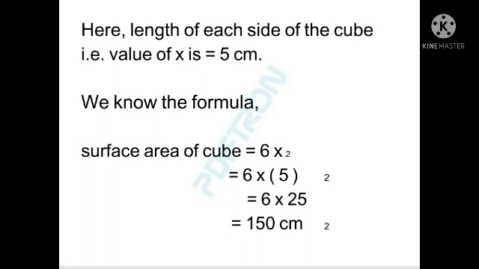On substituting the value of x here, what did we get? 6 into 5 square. And on simplifying, 6 into 25, that is 150 centimeter square, right? We got the total surface area of this particular cube as 150 centimeter square.